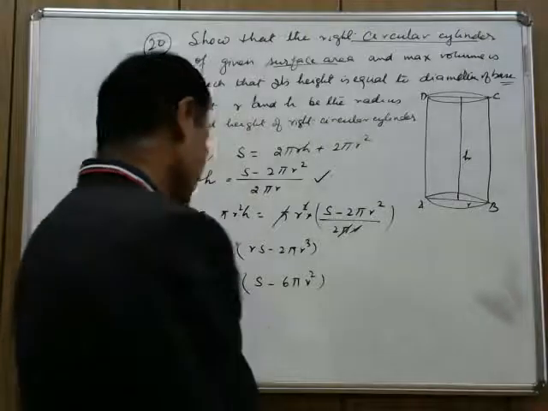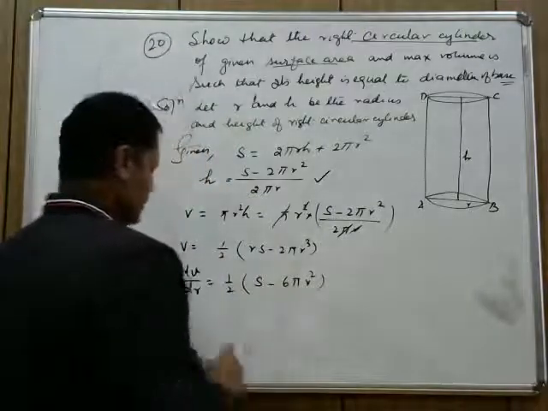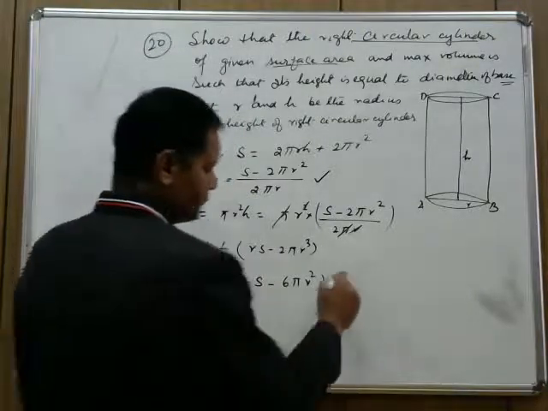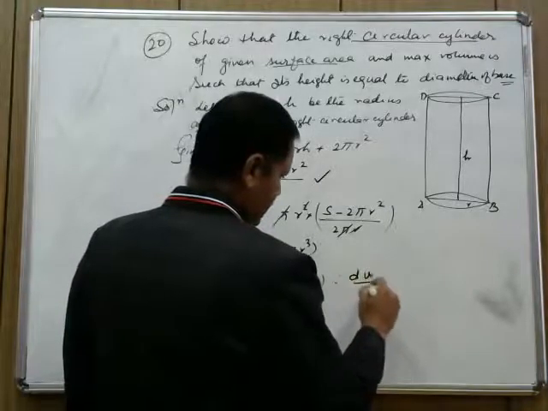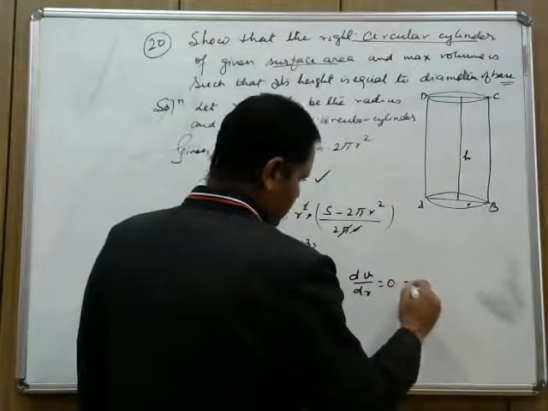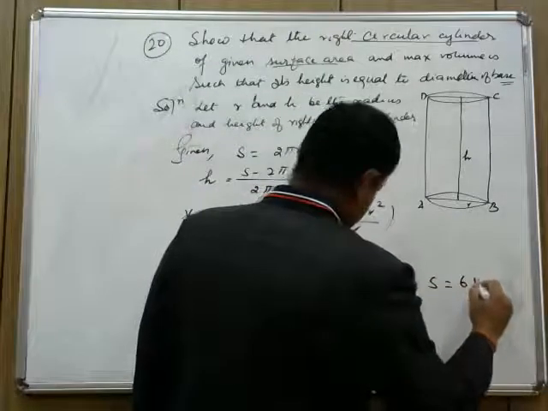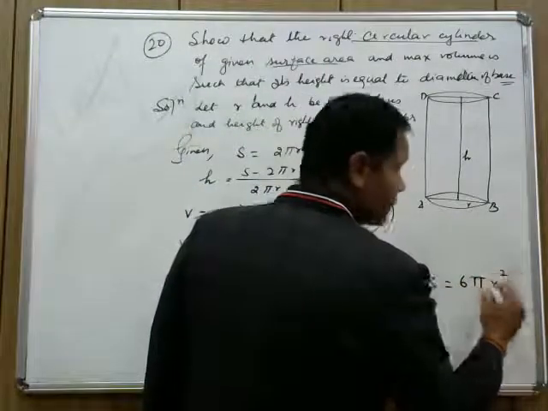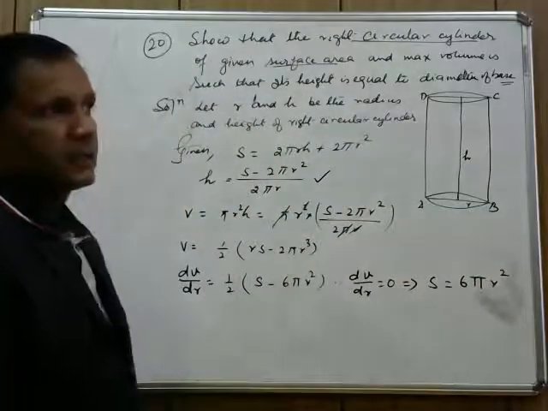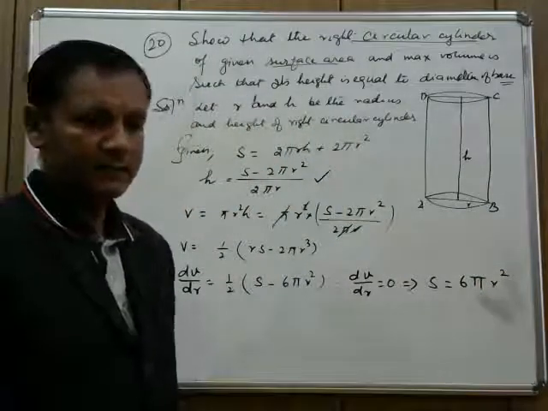Yes, and you know that for maxima or minima, dV by dr equals 0. For dV by dr equal to 0, it implies that S is equal to 6 pi r square.